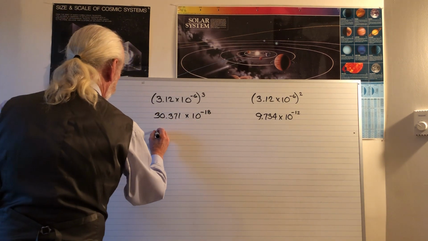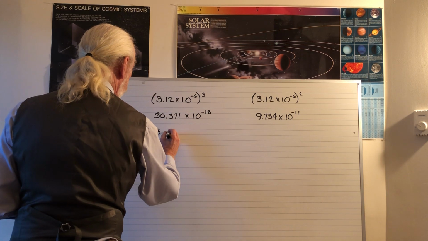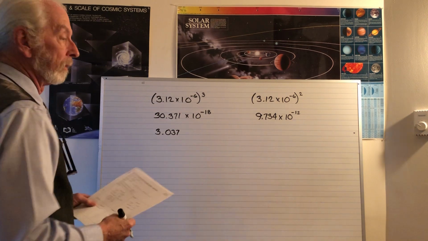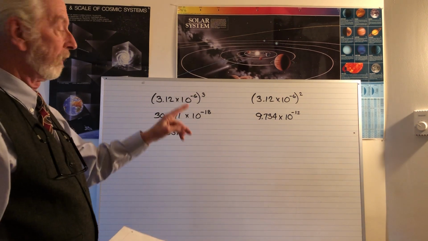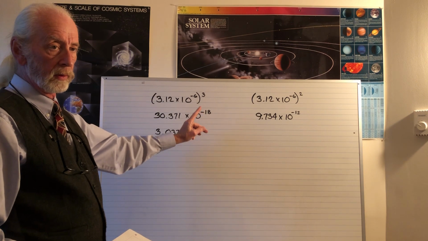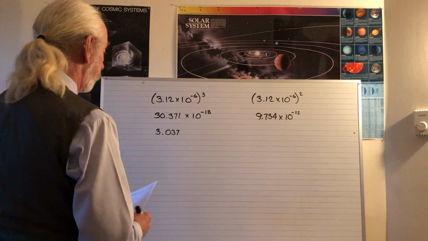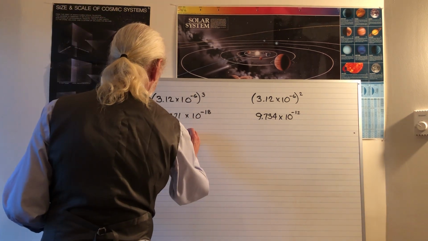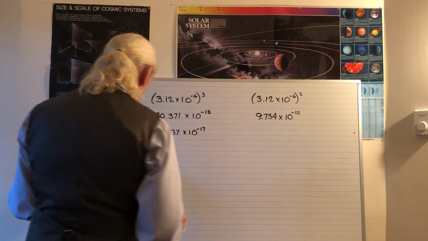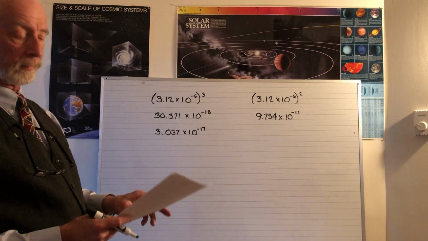I'm going to make that 3.037. I move to the left, which means my decimal goes up. Think of a thermometer. I'm 18 below 0. I'm going to go up 1 degree. That's going to make it 10 to the negative 17. There we are.